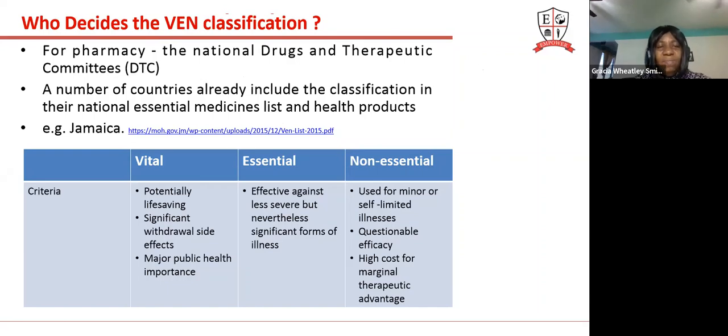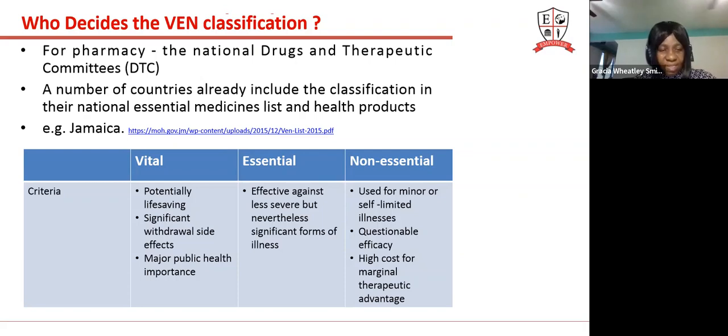The National Drugs and Therapeutics Committee, which is a multidisciplinary committee. We have finance, doctors, nurses, laboratory technicians, and pharmacists. A number of countries already include the classification in their essential medicines list and health products.